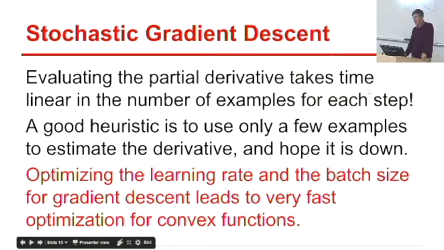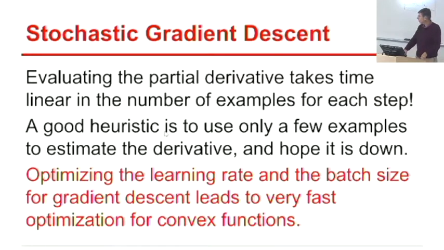If we remember the partial derivative thing, the partial derivative took time linear in the number of examples to figure out the right direction to go to lower yourself another step. We could imagine, instead of deciding the right direction based on all the points, deciding the direction based on a relatively few points.